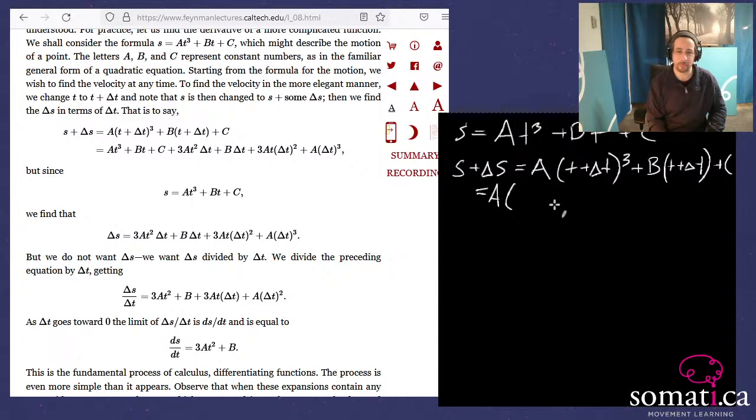A times... so it's t times... oh yeah, I guess I can write it out this way. This is going to be something times itself times itself, plus dot dot dot.